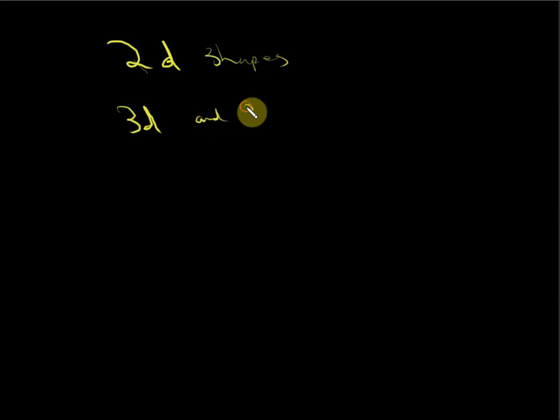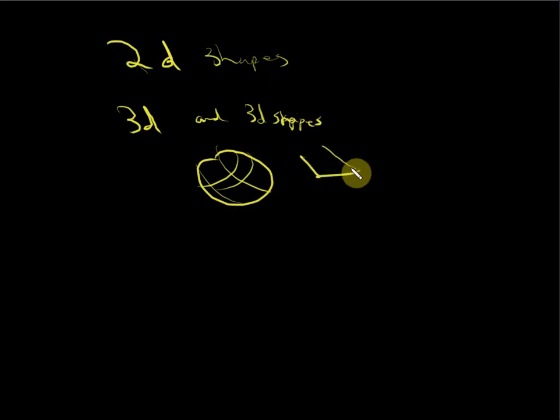So there's 2D and then 3D shapes. 3D shapes are like your spheres, basketballs, your cubes, and so forth. 2D shapes are like your circle, your triangle.